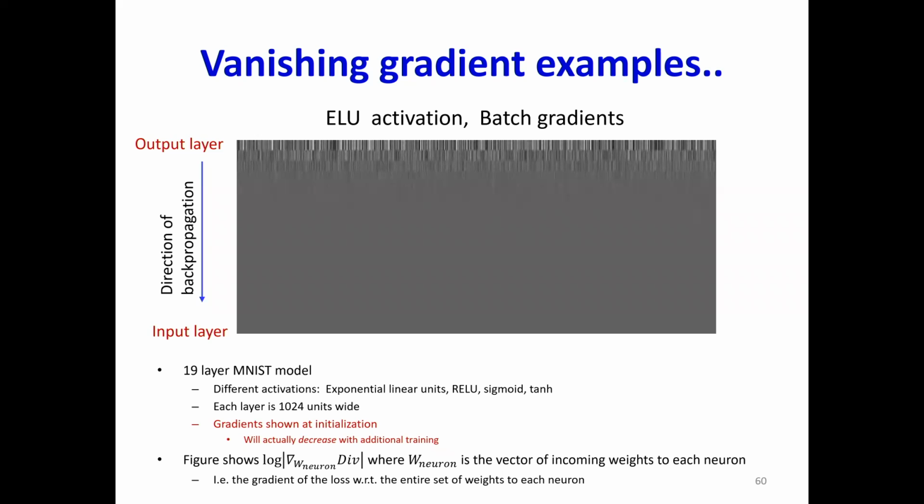All the layers have the same number of neurons in this particular example. The color at any point shows the magnitude of the derivative of that particular neuron on a particular layer. These are the derivatives at the output layer, these are the derivatives of the penultimate layer, these are the derivatives at the third layer from the output, and so on.